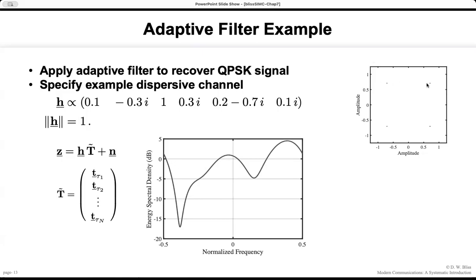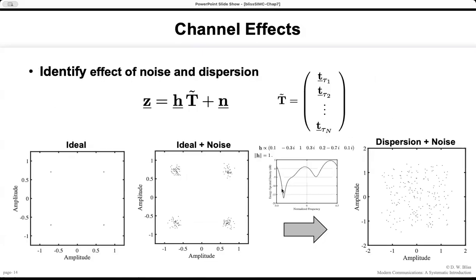So you can imagine if you're sending out QPSK, it has to go through this channel and it has bad effects. So let's imagine we're sending QPSK signals across, and if we put this in a high signal-to-noise ratio environment, the noise, of course, causes the points to be spread out, and that's what you see in the second plot here.